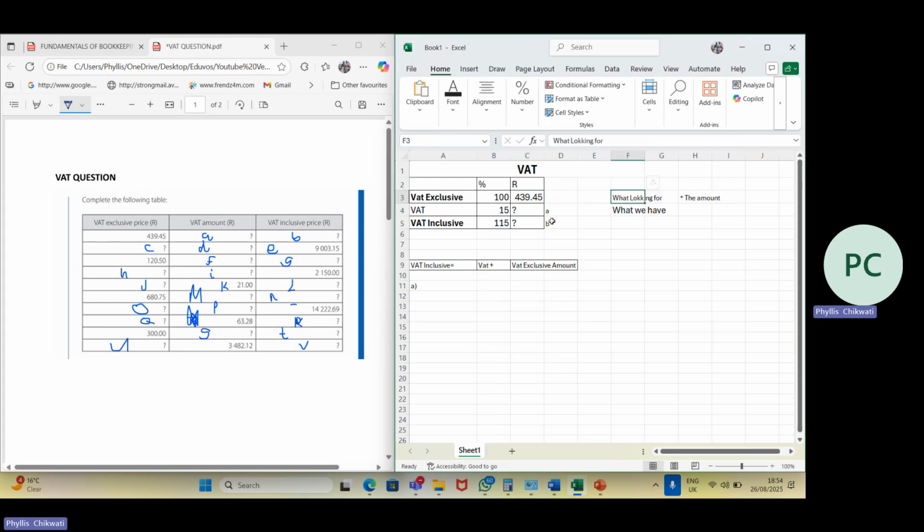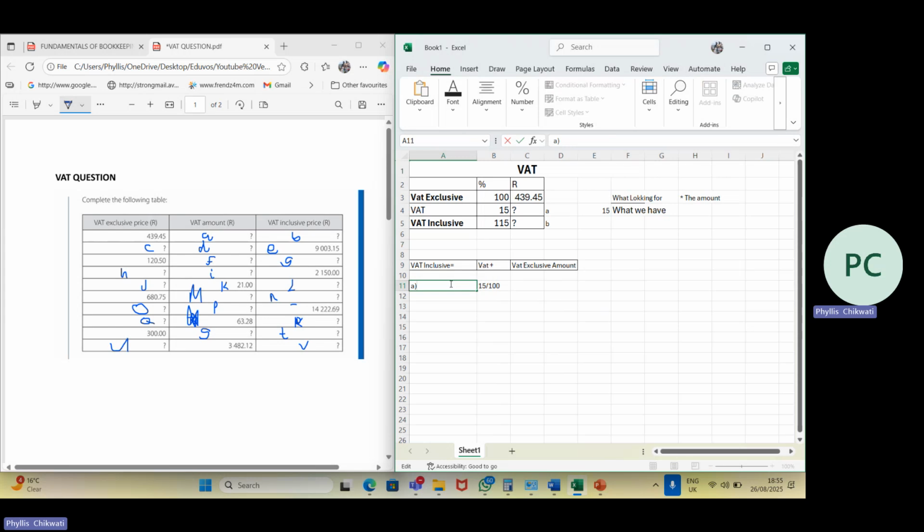When you are calculating your A, for part A we're going to say 15 divided by 100, because that's our base. I'm going to write 15 divided by 100. You need to use the base of what you have. And I don't want this to do an auto calculation.